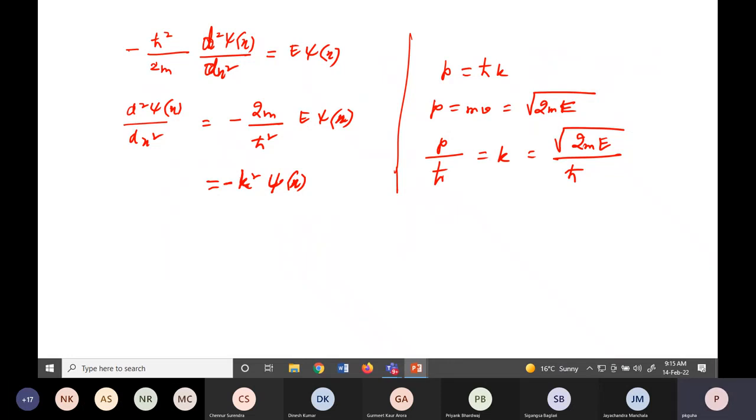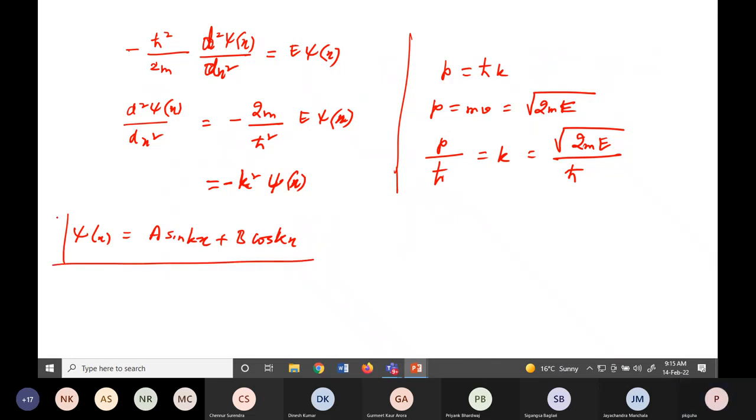So what is the general solution of this? A sin kx plus B cos kx, right, this is the general solution. If you remember how to solve this kind of expression, you will get this. This is a very standard, basic differential equation.